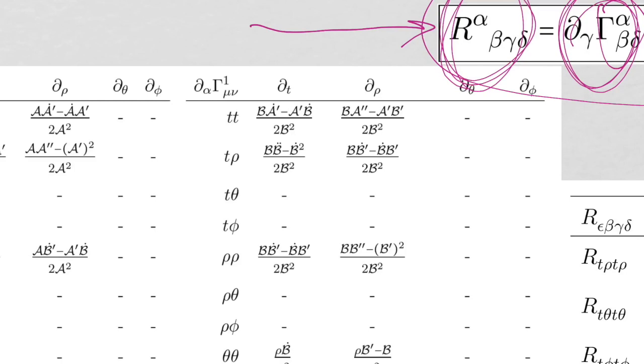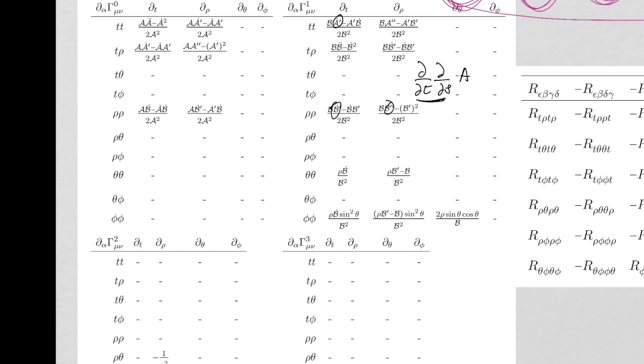So we're lucky that we can reverse that, because that's really partial with respect to t, partial with respect to rho of a, right? That's what this thing is. And you can reorder partials in these things. That's sort of a famous calculus fact. Likewise, that shows up there. And then you get some double primes here, you get some double rho derivatives. But anyway, in the end, we have to calculate every single one of those things.